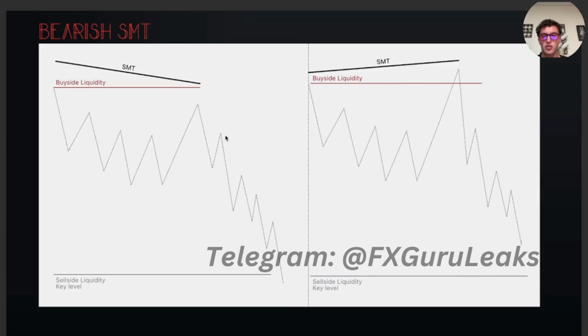So if you're looking for price to take out a key level, a sell side liquidity pool, you're going to anticipate that to happen first on the pair that makes the lower high.